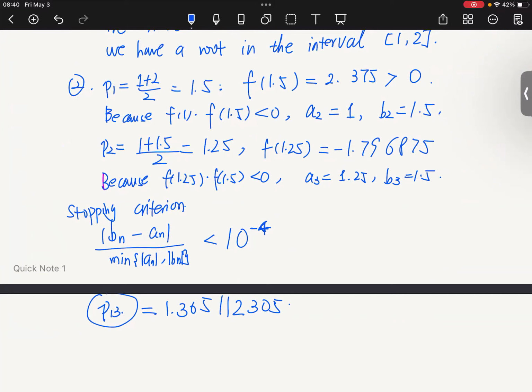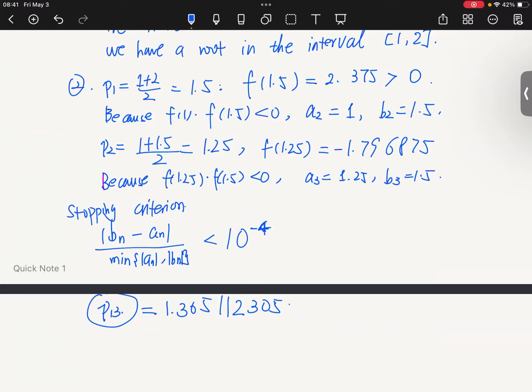So I'm going to show you this one. If Bn and An satisfy such a condition here, then the error of the solution is smaller than 10⁻⁴.